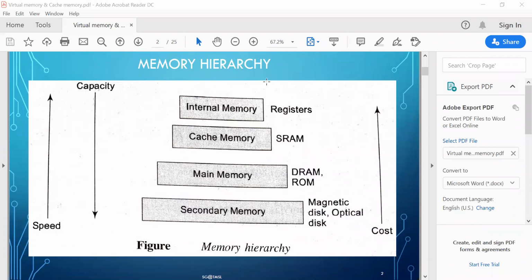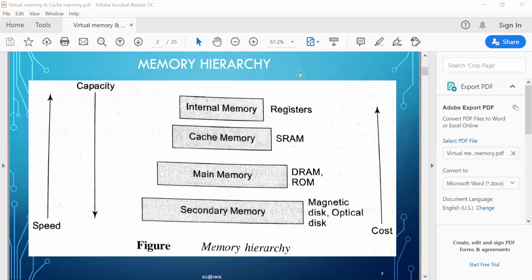But cache memory has a timing cycle just equal to the CPU, so any data byte or program transferred from cache memory to the CPU is processed in a very fast way. This special high speed main memory is SRAM, or static RAM, one example of cache memory, used to increase the speed of processing by making the current programs and data available to the CPU at a very rapid rate.